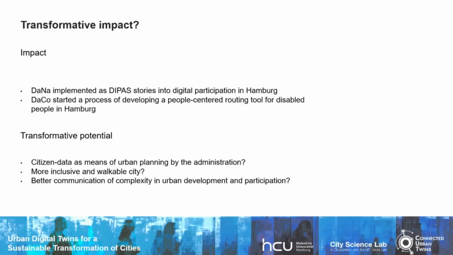I think it's very important that this has been achieved through the very good collaboration with the city of Hamburg. The data collector started the process, so the Senate is still deciding on how this is carried out, but it started a process of the Senate or the city administration thinking about how we can gather mobility patterns with citizens to create a routing tool for people with disabilities.